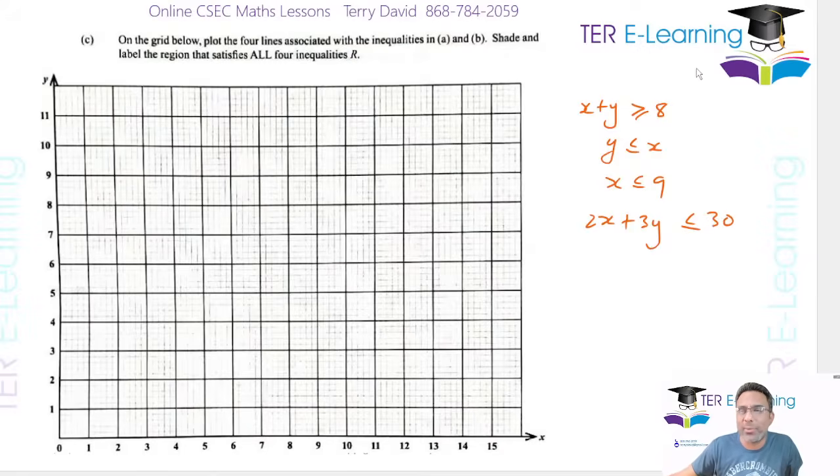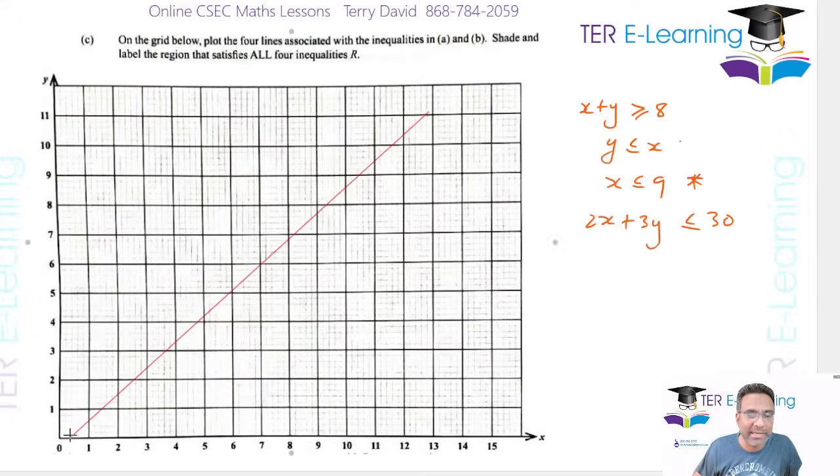So let's start with the easy one first. Let me get some lines. Right, so let's start with the line. We're going to draw the line y is equal to x.